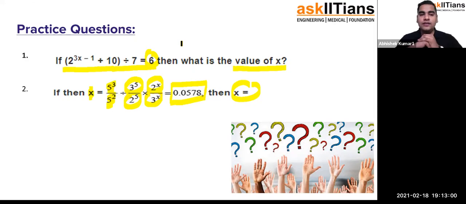The second thing we learned is how to deal with negative powers, or negative exponents, and how we can convert them into positive powers. The third thing we learned is what are the rules of exponent. And more important than that, we learned how we can use those rules of exponent to make things easy for us, because that's what matters. We did problems based on each of them, and I hope you understood all of them. You can try these two questions.